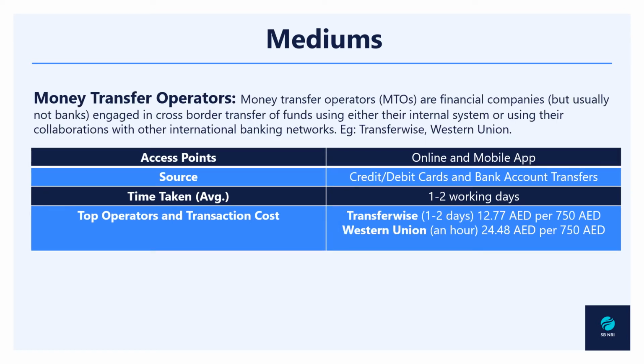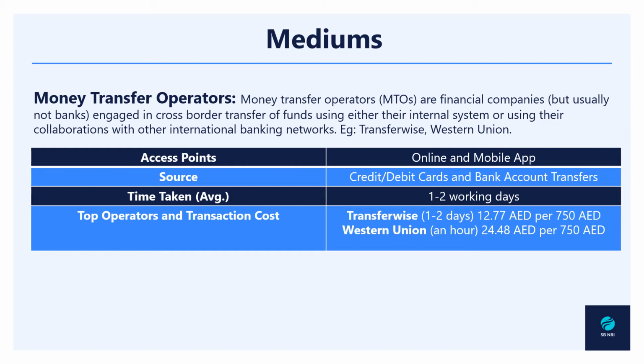The next medium that you can choose is again the money transfer operators, such as TransferWise and Western Union. These are not exactly banks, but they have connections with certain international banking networks, or they can have their own internal system for transfer of money. The mode of access is similar. You can access them online as well as through your mobile, and the sources are also the same.